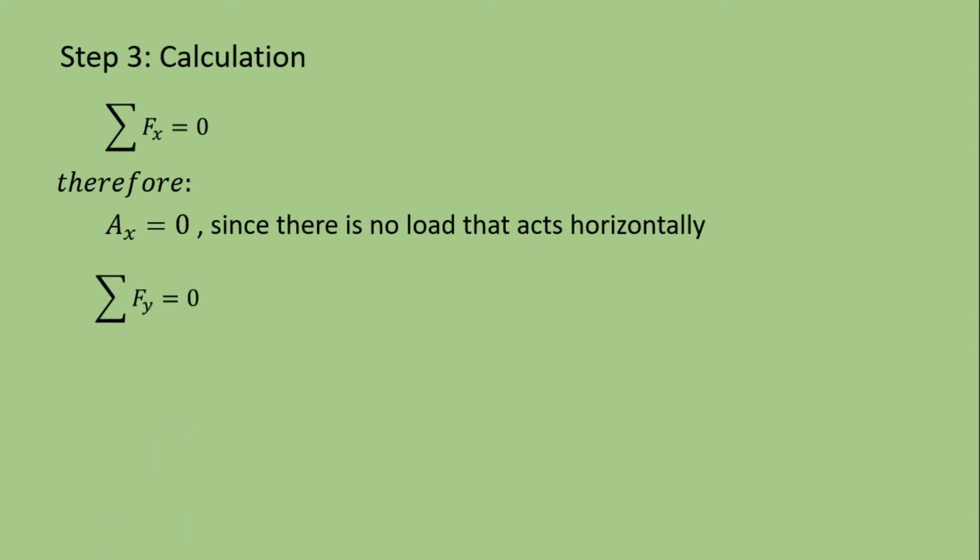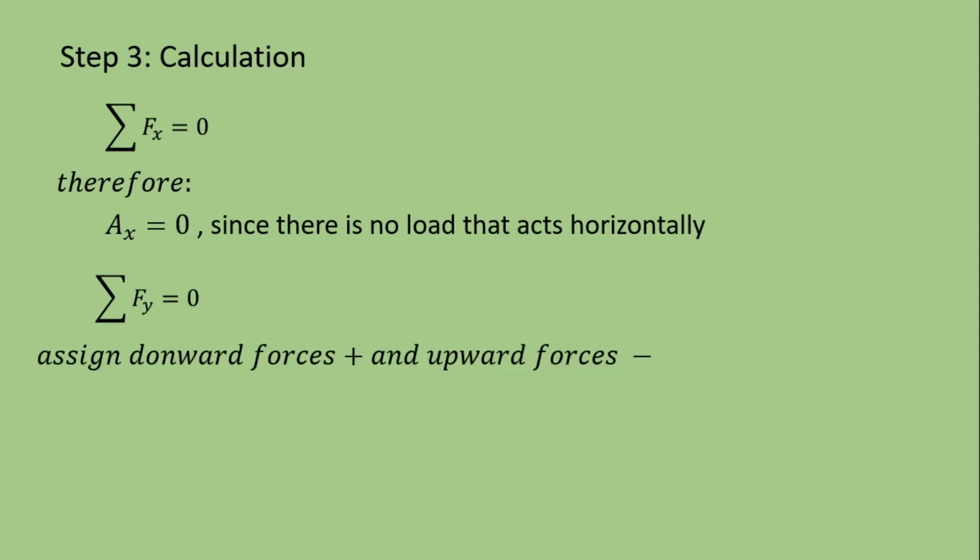And for our summation of forces Y, or the vertical forces, the first thing is we have to assign which is positive and which is negative, as we usually do. In this case, I assign downward forces as positive and upward forces as negative. So what are our downward forces? Those are the given loads W and P. So they will be positive.